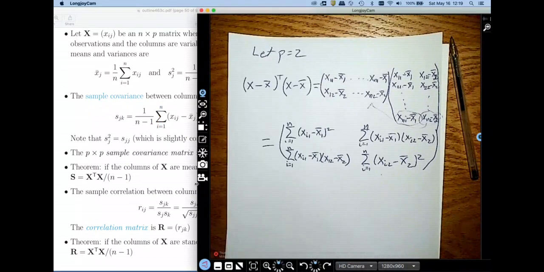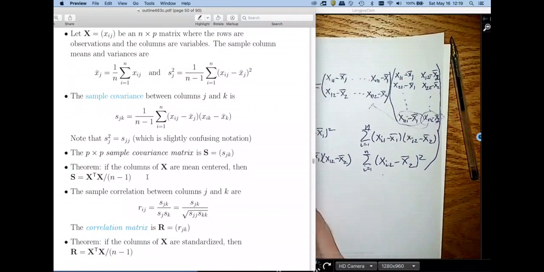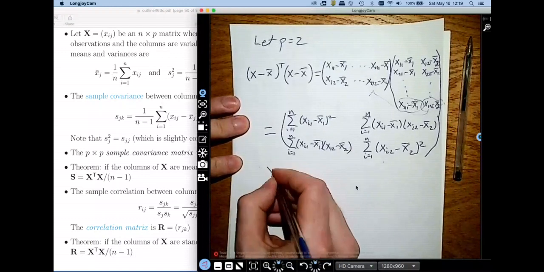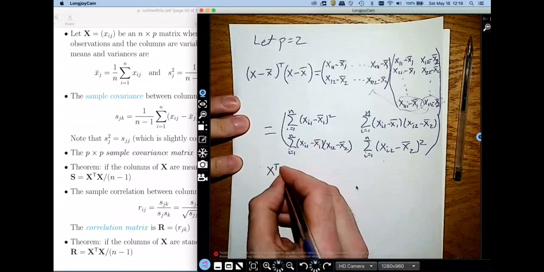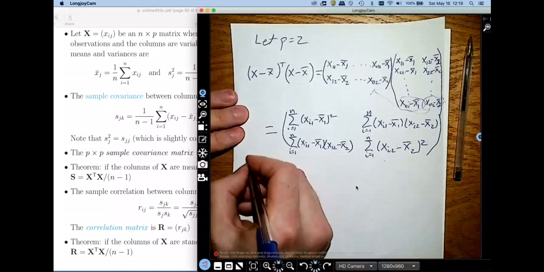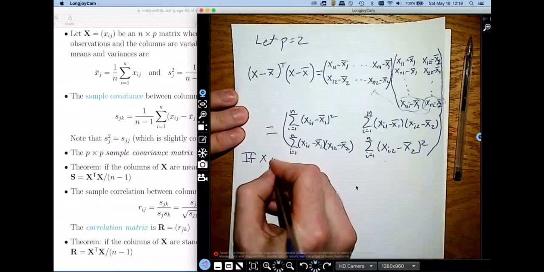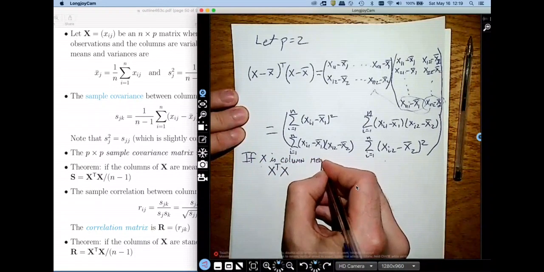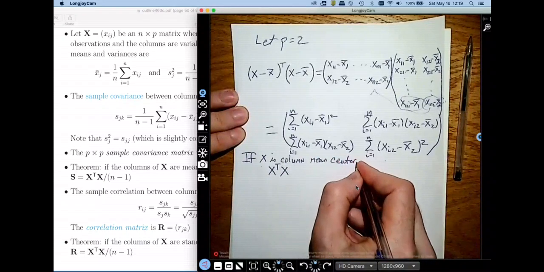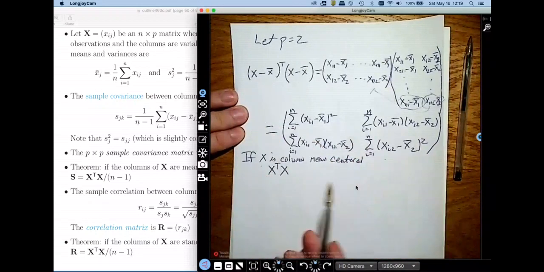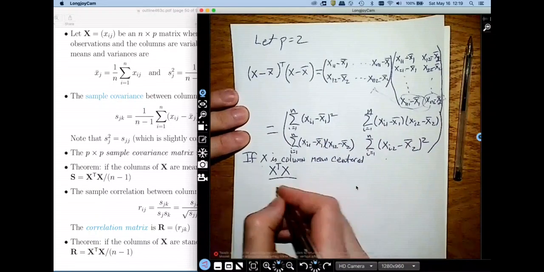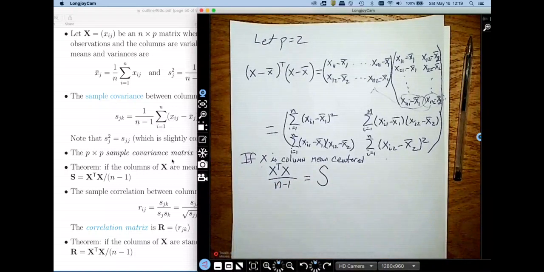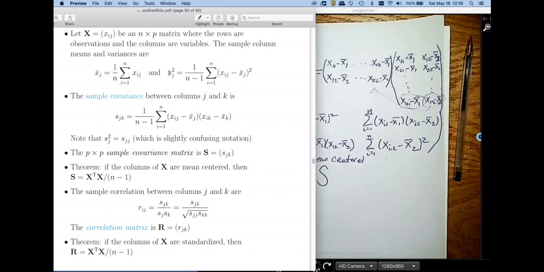All right, so what I claimed down here was, if I take X transpose X, well, let me start out by saying if X is column mean-centered, so what that means is I've subtracted the means of the columns just as I did upstairs, and I divide that by n minus 1, then clearly I get my covariance matrix as we see up here.